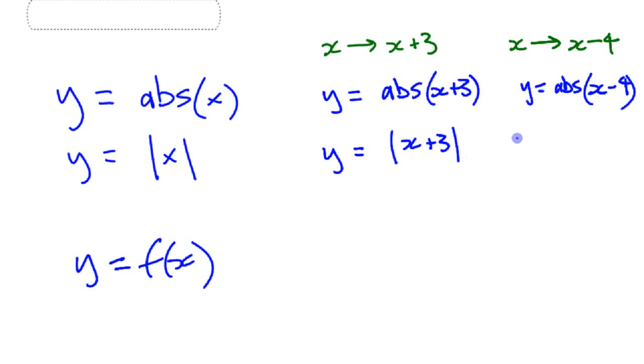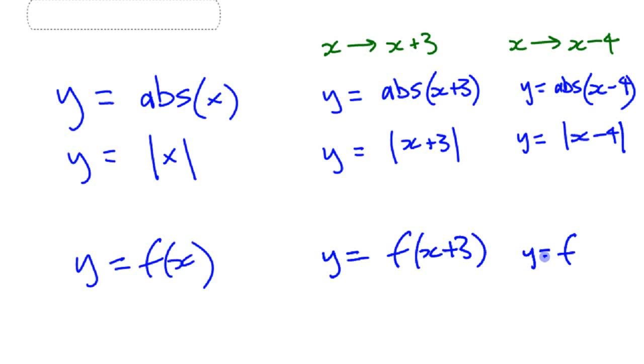Or if you're talking about a function in general, y equals f of x plus 3, or y equals f of x minus 4, something like that, right? Making a change inside there. It's a change inside before you apply the function. You're replacing x with x plus 3, x minus 4.